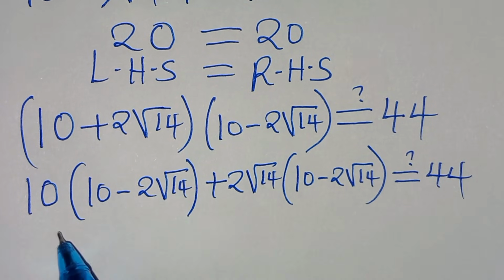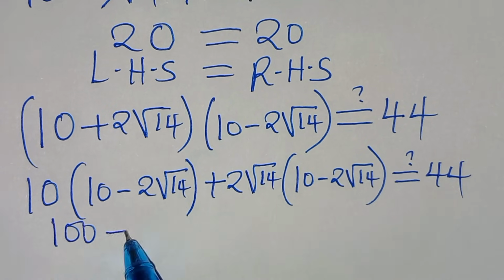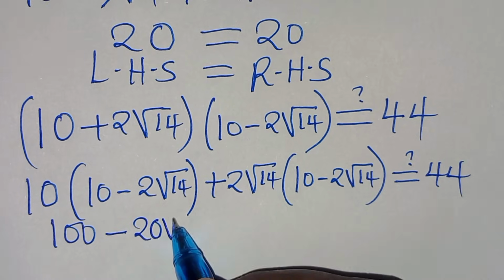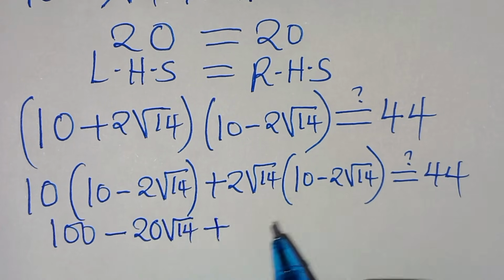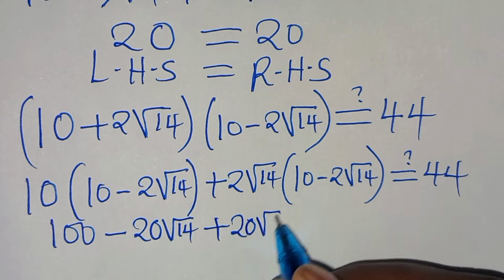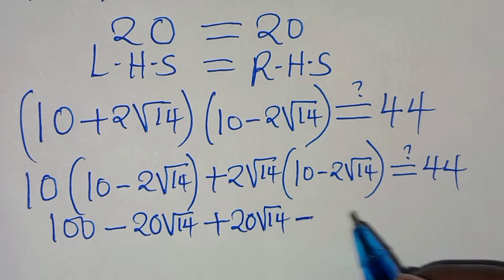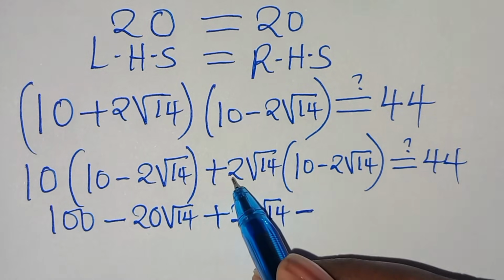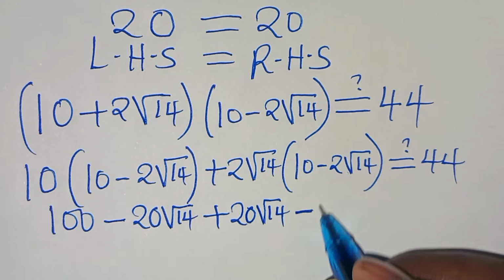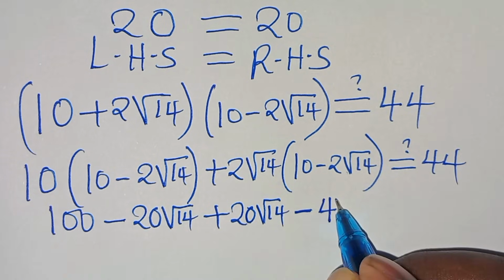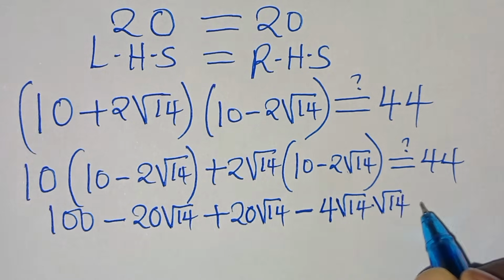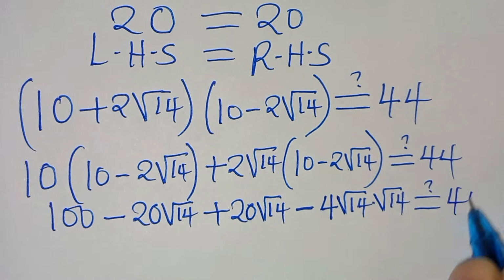Now 10 times 10 is 100, minus 10 times 2 square root of 14, which is 20 square root of 14, then plus 2 square root of 14 times 10, which is 20 square root of 14, then subtract 2 square root of 14 times 2 square root of 14, which is 4 square root of 14 multiplied by square root of 14.